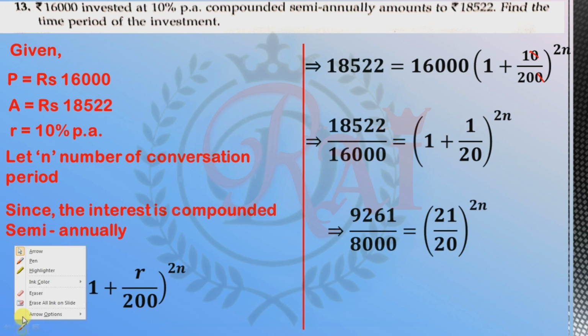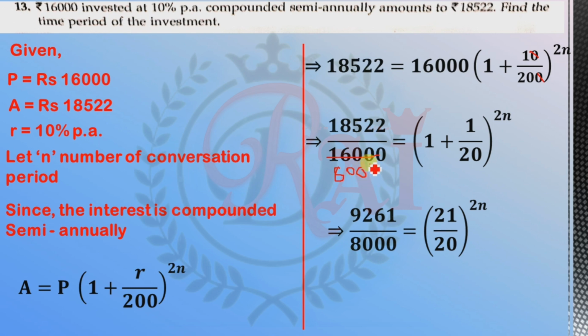So now we'll have a simple cancellation. 2 8s are 16, 0 0 0, here 2 9s are 18, 2 2s are 4, 2 6s are 12, 2 1s are 2. So 9261 divided by 8,000. 20 into 1 is 20 plus 1 is 21 by 20.